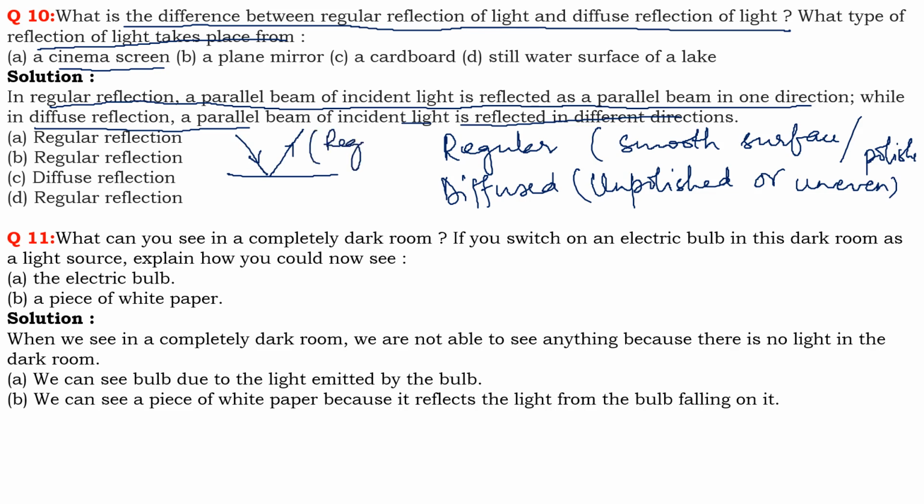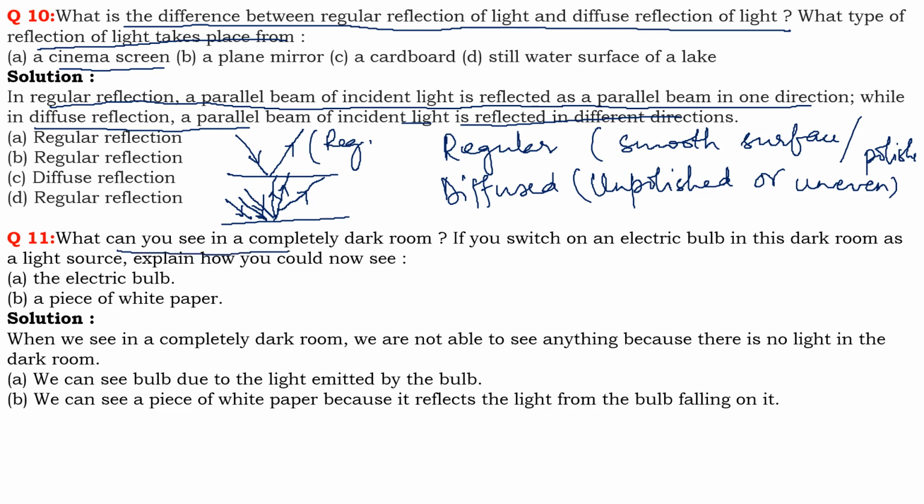For diffuse reflection, this is your incident ray, and suppose many incident rays are coming, then they are not reflected in the same manner, they are all diffused. Getting the concept? In regular reflection you will get a similar pattern, but in diffuse reflection you will not.